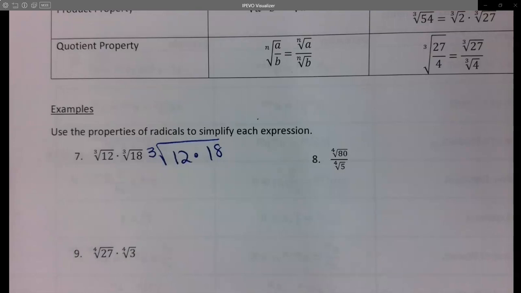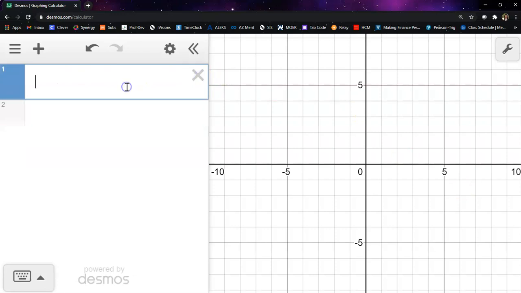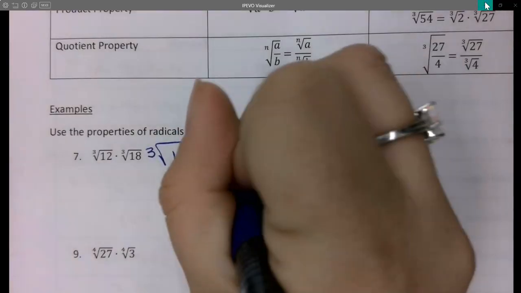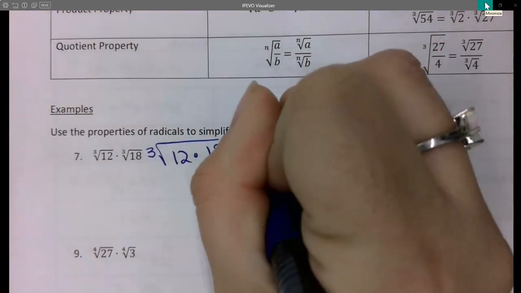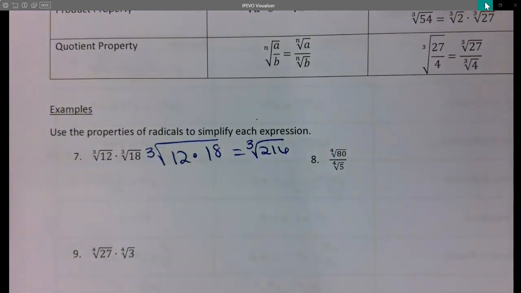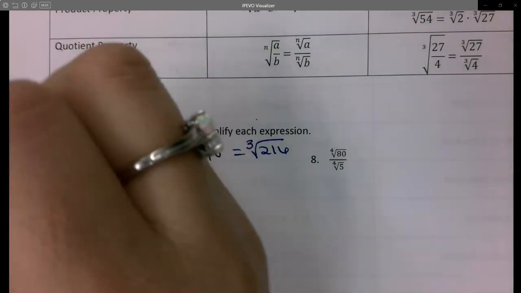Then I want to go to Desmos and figure out what 12 times 18 is, which is 216. So I want to find the cube root of 216. That means I want 3 of the same number.